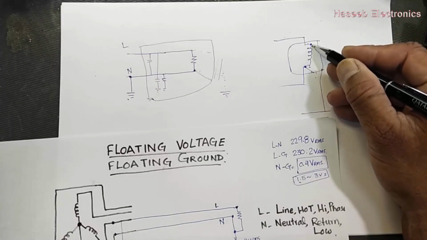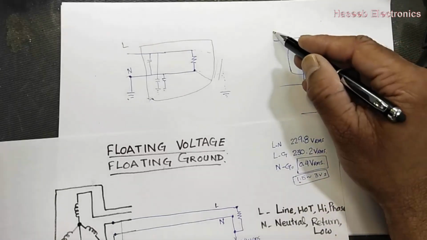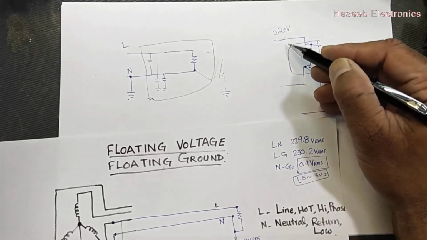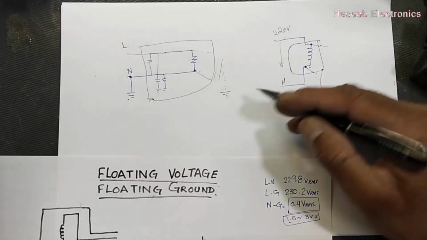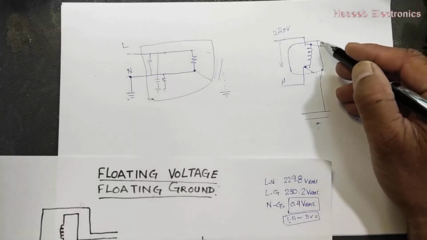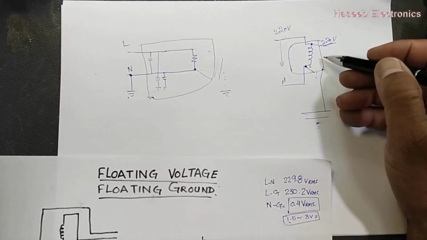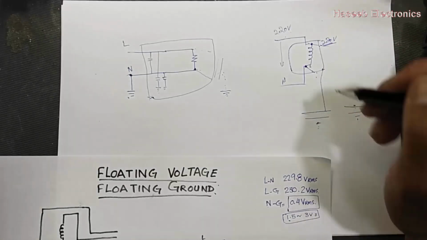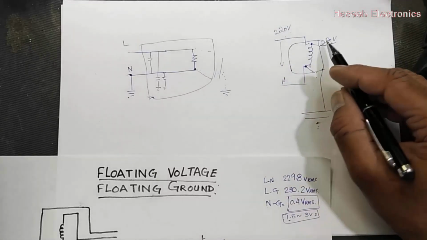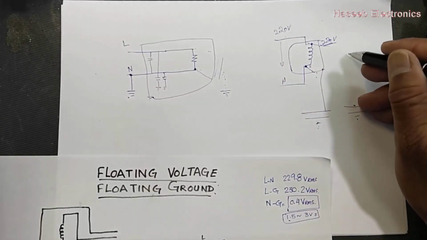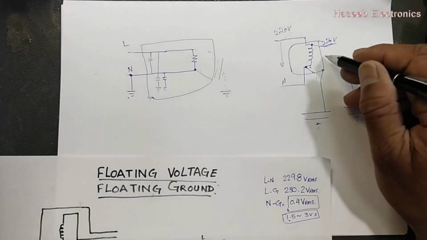When current is entering, if we have a leak from this point, and it is 220 volt line to neutral or line to ground, it will give 220 volt leakage in the body. So if our pedestal fan has a metallic body, its body will become like a live wire. So 220 volt will give a severe shock to anyone who touches this.